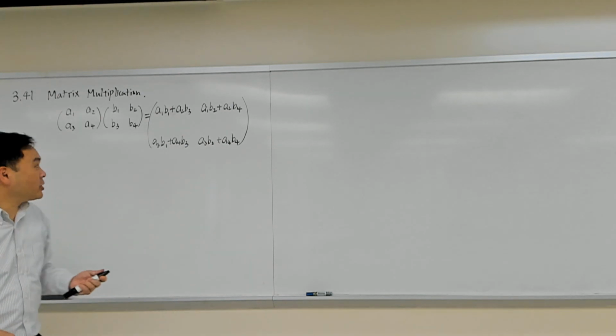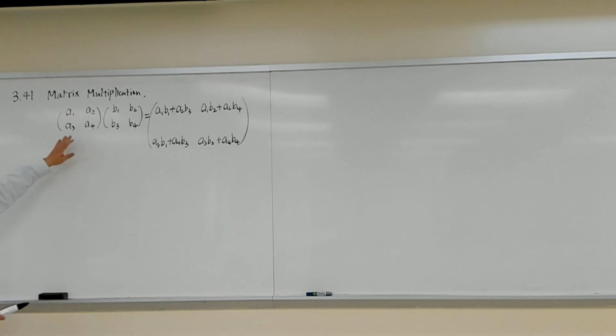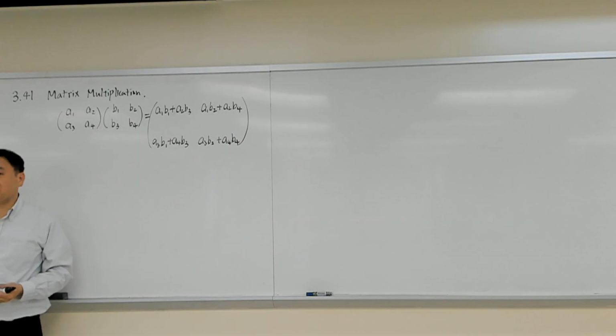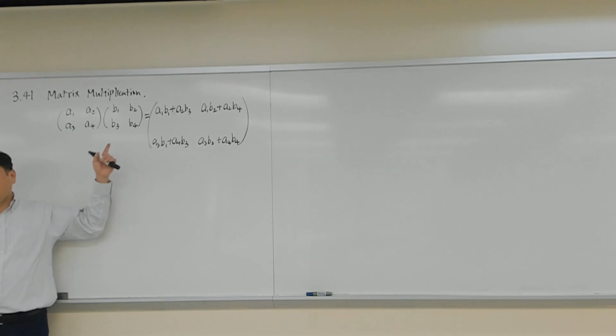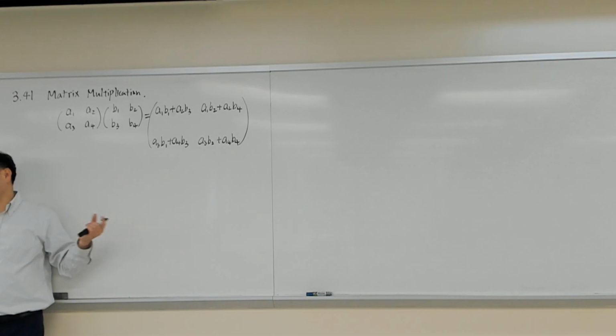Well, when these things called matrices were first invented, they were invented to study linear maps. And because of that, it was made so that matrix multiplication is compatible with multiplication of linear maps. But multiplication of linear maps is a composition of linear maps, right?